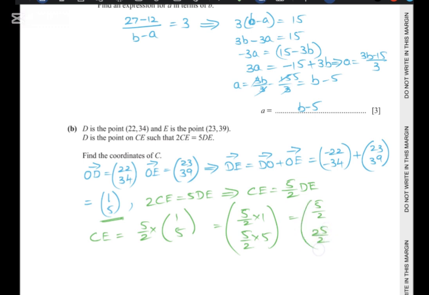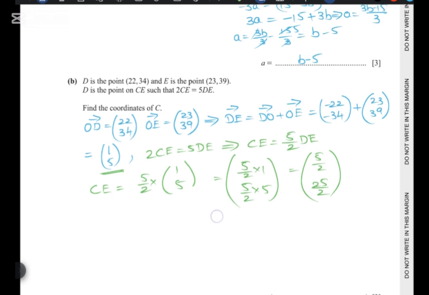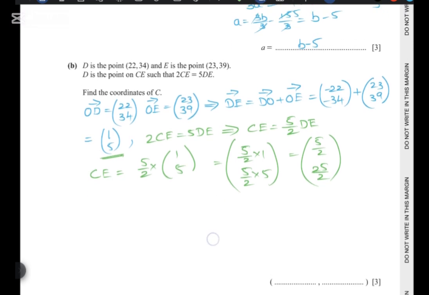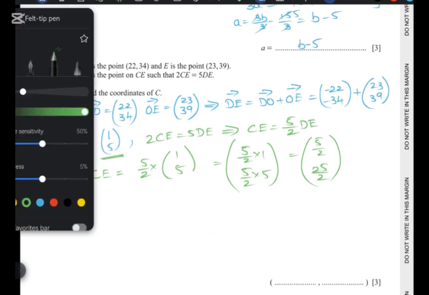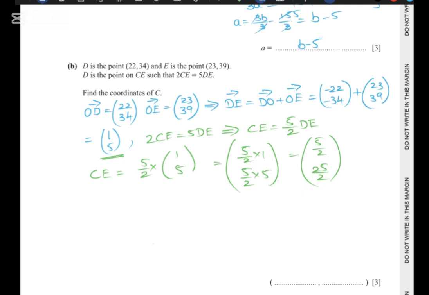This is CE. Now we need to find out the coordinates of C. That means we need to know what OC is. So using CE we'll find out OC. CE is equal to CO plus OE.